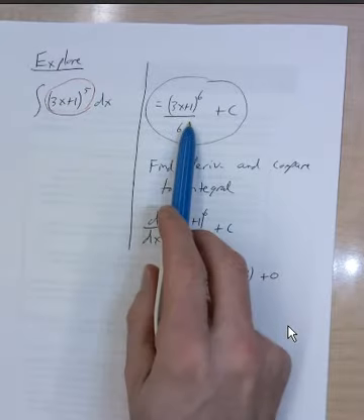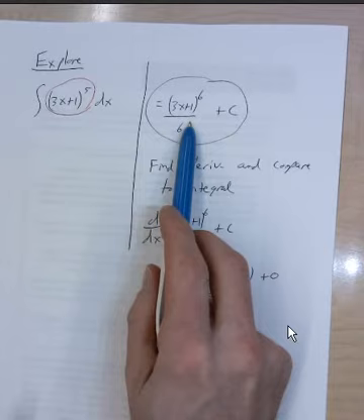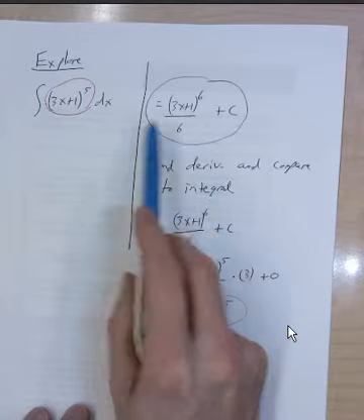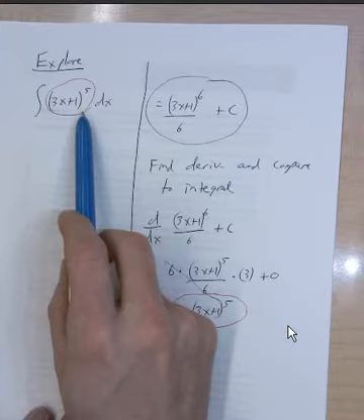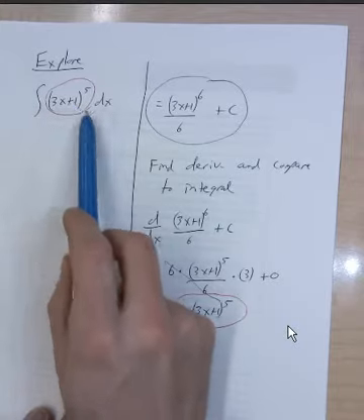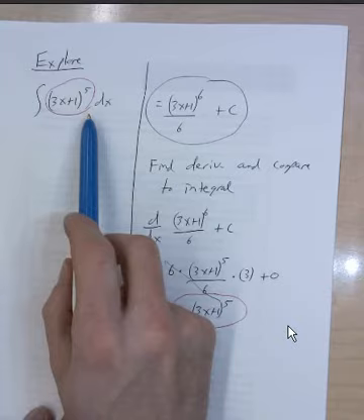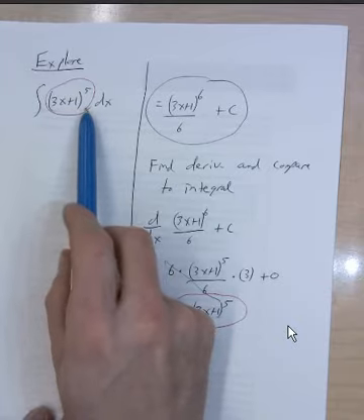Everyone's got that nailed down and they understand completely why that's the case. Okay, great. So we can't integrate this as it is because this isn't the derivative of anything yet. We'll only be able to integrate this if there is a 3 right there. There has to be a 3 right there. Everyone's cool?